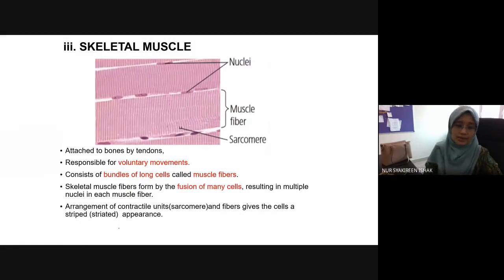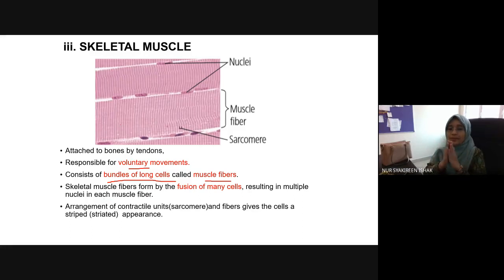So next one, the last one for the muscle is skeletal muscle, okay. So it is voluntary, consists of bundles of long cells and muscle fibers. And then the skeletal muscle fibers are formed by the fusion of many cells. Okay, fusion of many cells resulting in multiple nuclei in each muscle fiber.